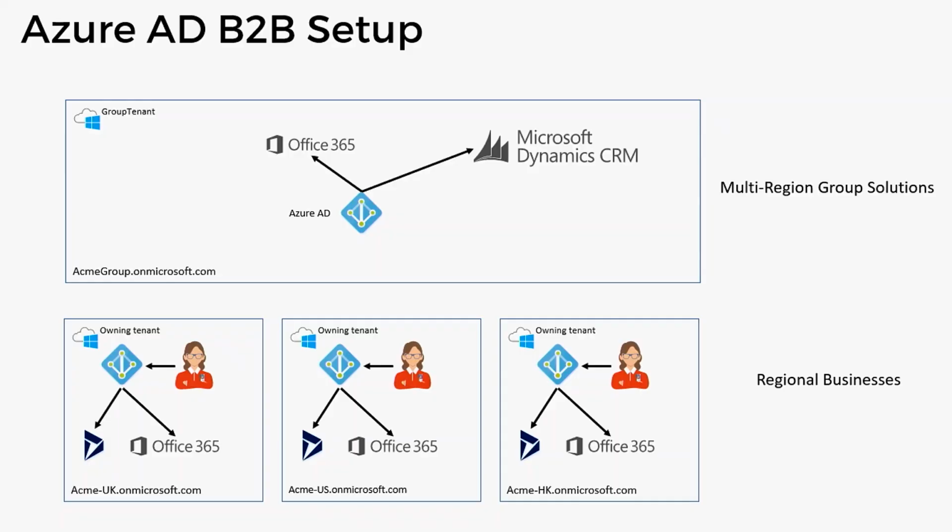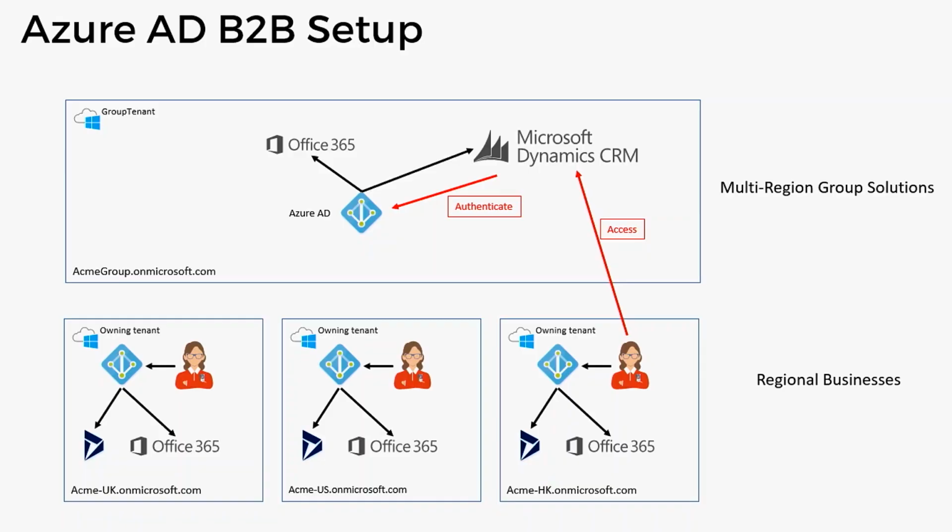So what we did is we created a group-level Azure Active Directory, created some Office 365 off that, created Dynamics, but really all of our users don't live in that tenant, they live in other tenants. So if you think about the authentication journey, a user would come into CRM and try to access it.